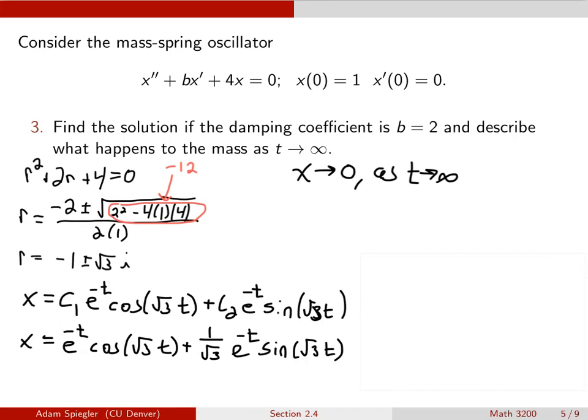So let's uncover the solution over here. And what you can see is that this mass is now passing over its equilibrium, going to the left, passing back over its equilibrium, going to the right. And what you can't see is that it's actually just having these really, really small oscillations as time goes on. So with this system, we do have oscillations.